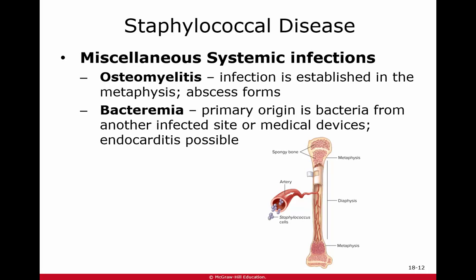Systemically, it can cause osteomyelitis, where the area that's right at the end of the diaphysis where it meets the epiphysis, it's spongy bone, it's called the metaphysis, and you can form an abscess there from an infection. And then there's bacteremia, that is where the bacteria move from an infected site or from a medical device and possibly can cause endocarditis and affect the heart valves.